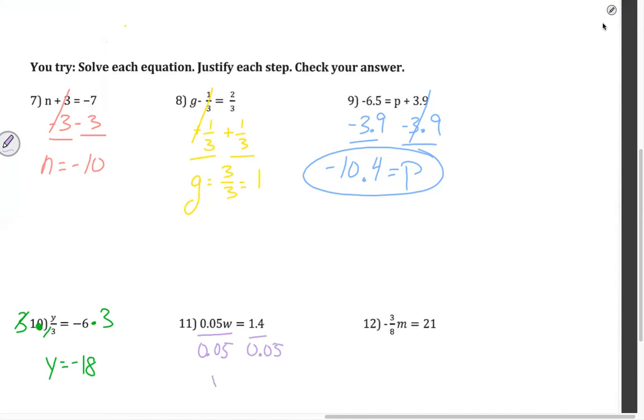And what do we get? W equals, you got to type that in your calculator, go ahead and do it. 28. Thank you.